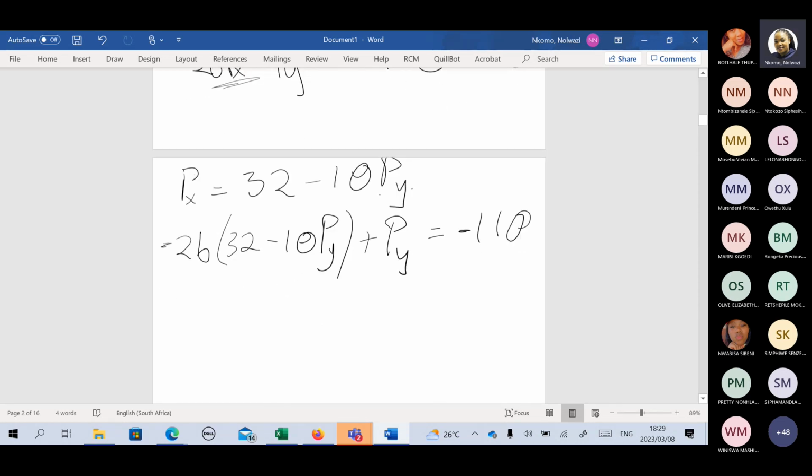You see, now in this equation, we have only one unknown, which is py, right? So that means we can solve for py, and when we get the answer, we substitute back into this equation, and that will give us px. Okay, we have minus 26 times 32.